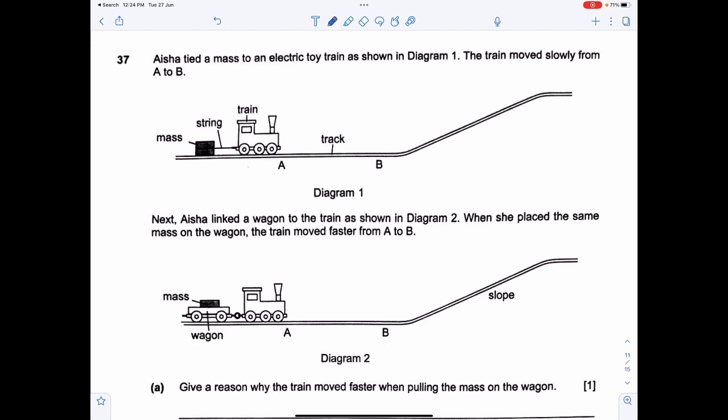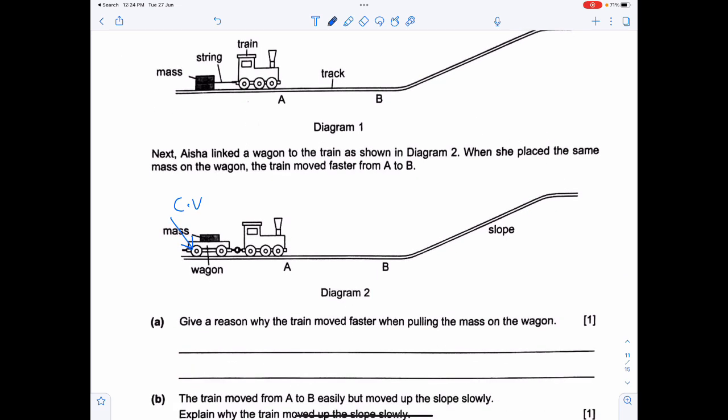The changed variable is the fact that there is this wagon here. So now it moves faster. This wagon has wheels, right? So what comes to my mind when I think of wheels and moving faster is that the wheels actually help to reduce frictional force.